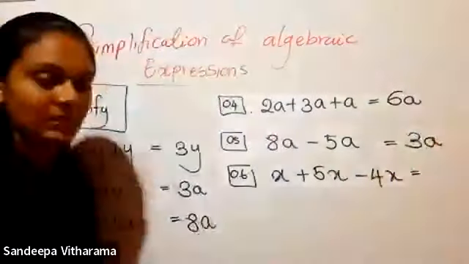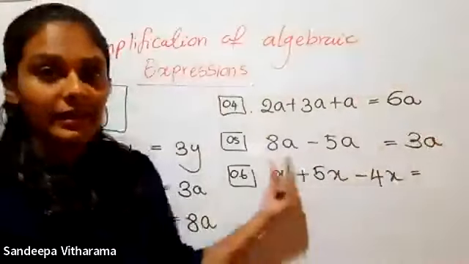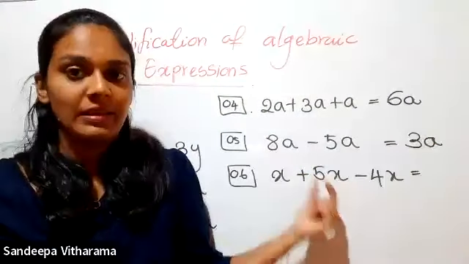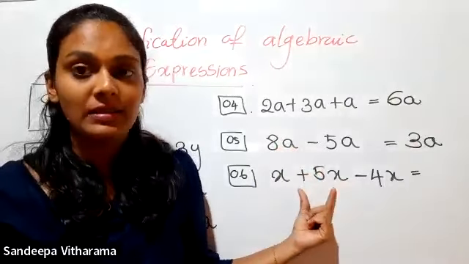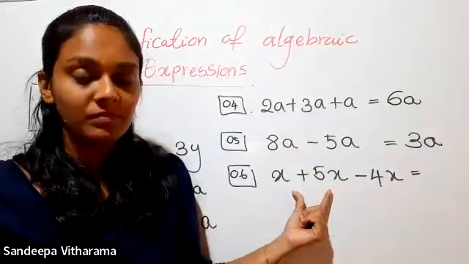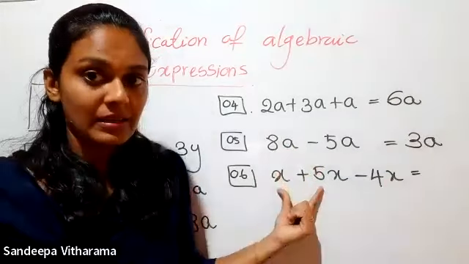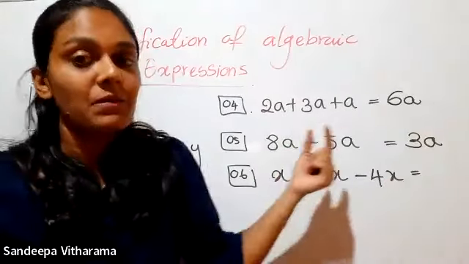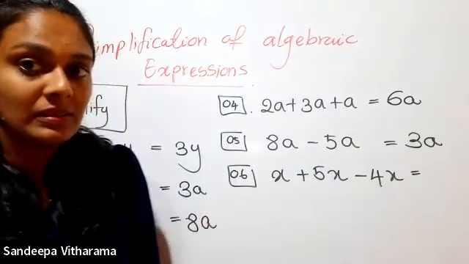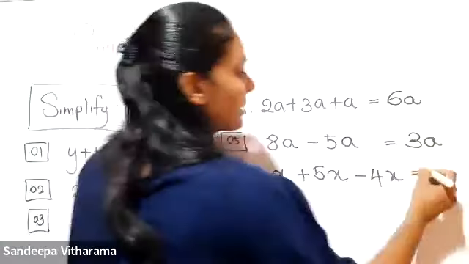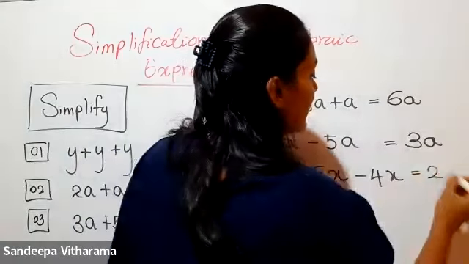Now, first of all, add x and 5x. Adding 5x to one x. Then what is the answer? 6x. Then from that 6x, 4x are subtracted. Then what is the answer? 2x. Very good. It is 2x.